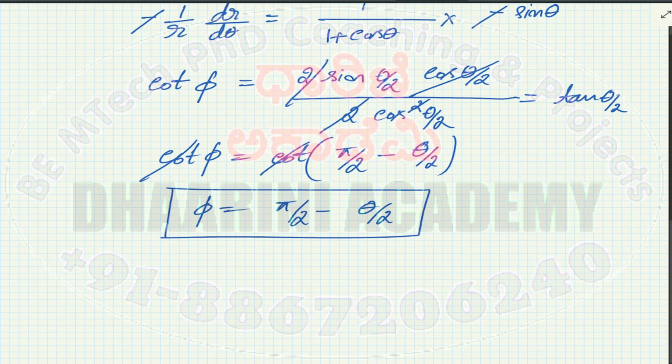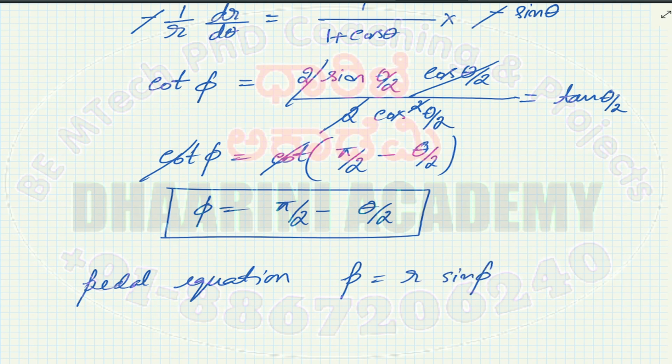Right? So you see that our requirement is that I have to write the pedal equation now. Pedal equation, the most simplified format will be p is equal to r into sine phi. r sine phi is our function. Now if you want to write p is equal to r sine phi, then let me write it in the value, because phi value is pi by 2 minus theta by 2.